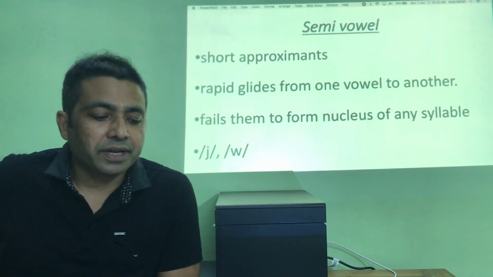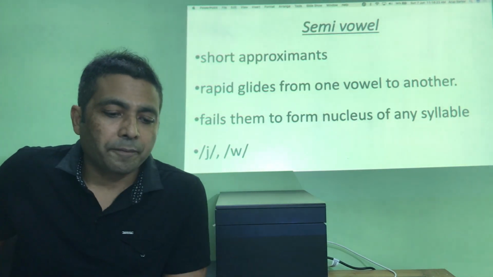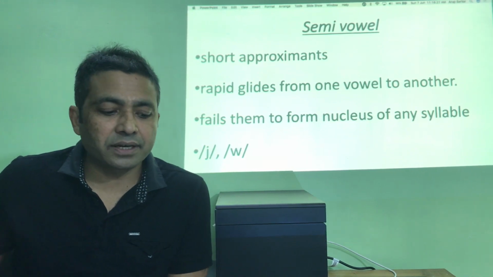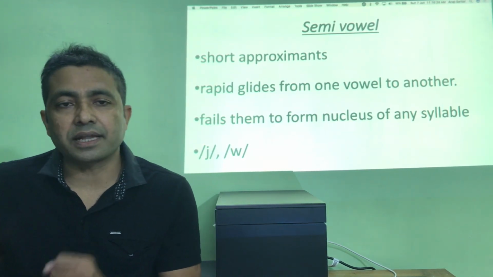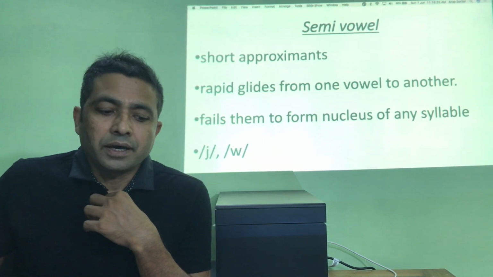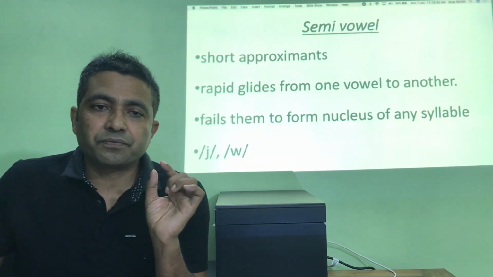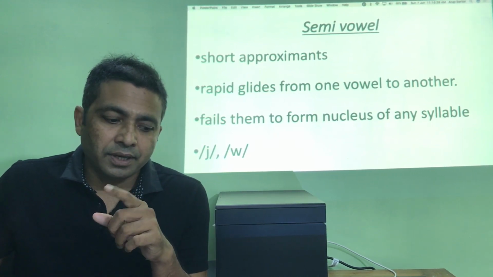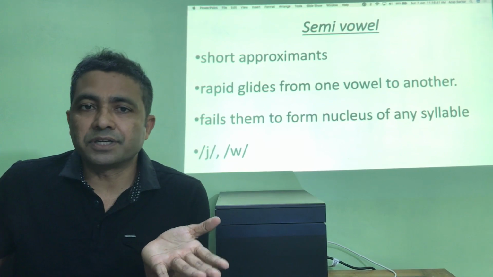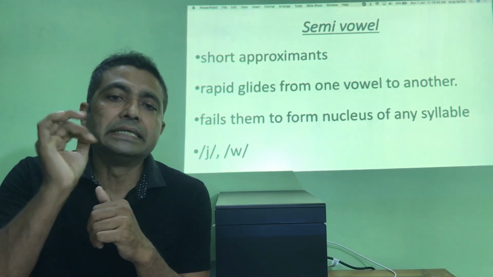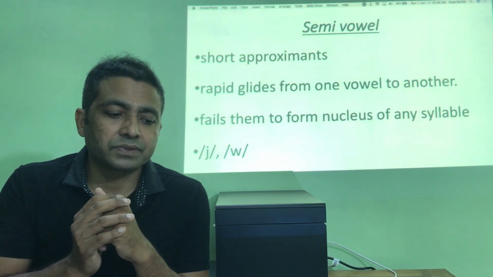Then we have semi-vowels, ya and wa. These two are semi-vowels. Semi-vowel means they look like or sound like vowels, but they are not vowels. Because to be a vowel, it must be able to be the nucleus of a syllable. But they are unable to be the nucleus of a syllable because of the quickness of the movement. Ya, wa.